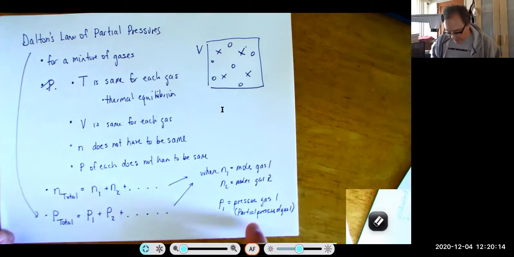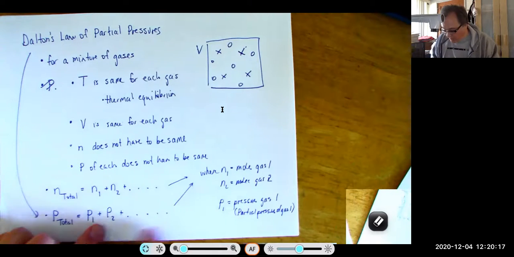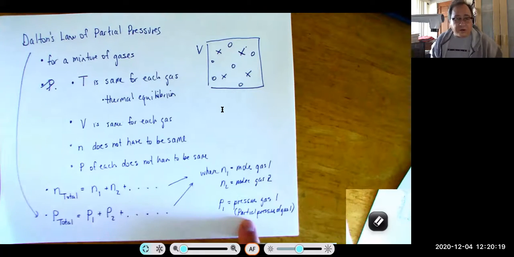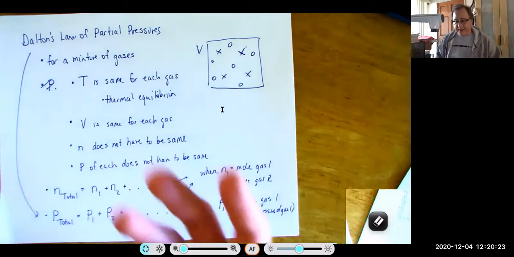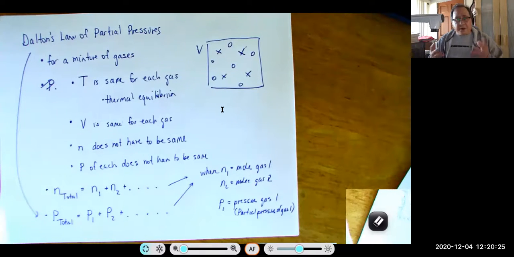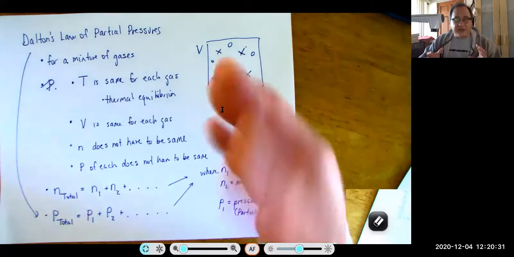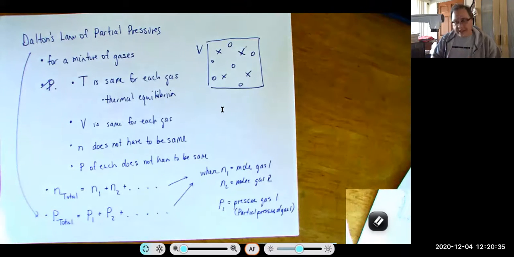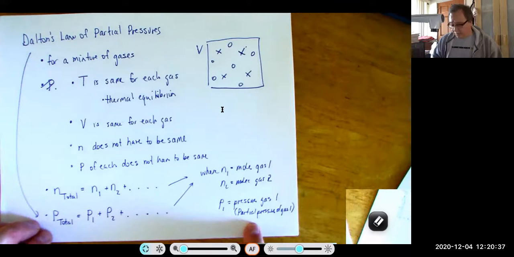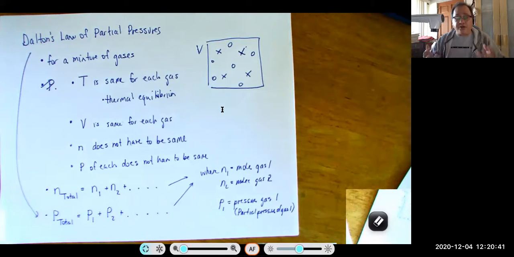Now, when we call this the partial pressure of gas 1, to me, that was always confusing when I learned this. When we say partial pressure of gas 1, to me, it means what is not the full pressure of gas 1, but part of the pressure of gas 1. And that's not what this means. When we say partial pressure of gas 1, that means the full pressure of gas 1.